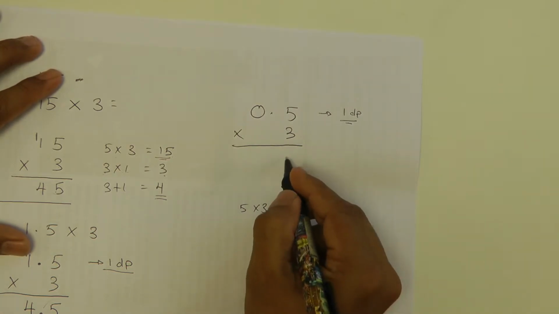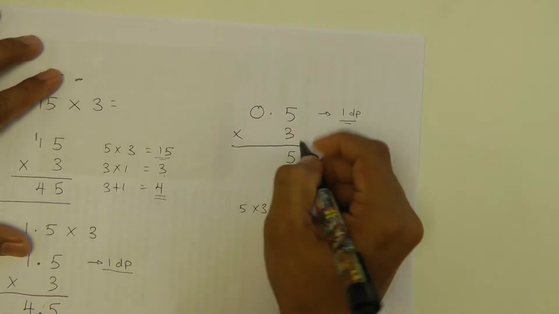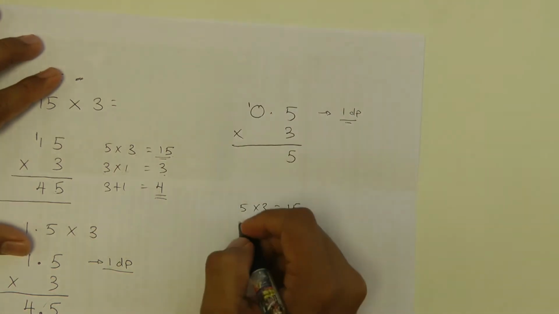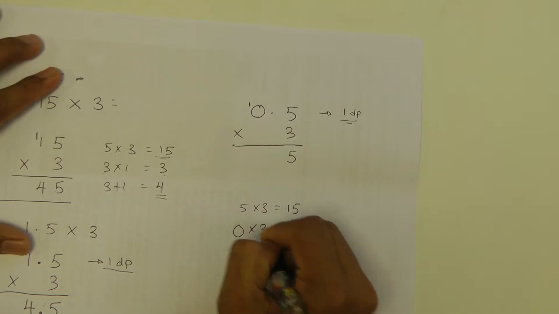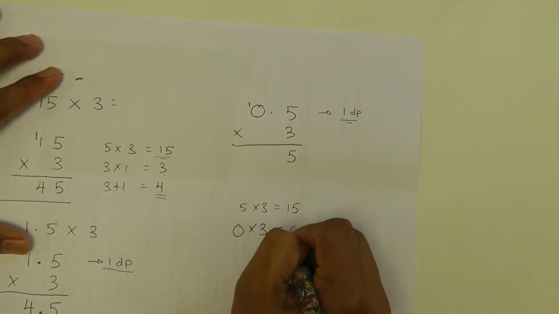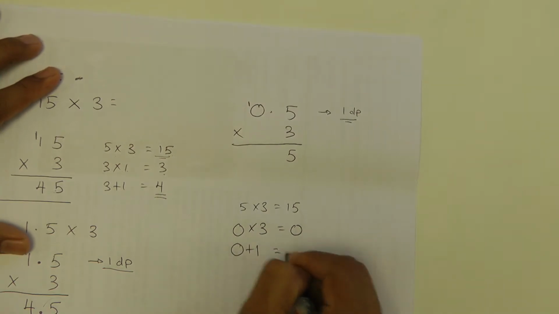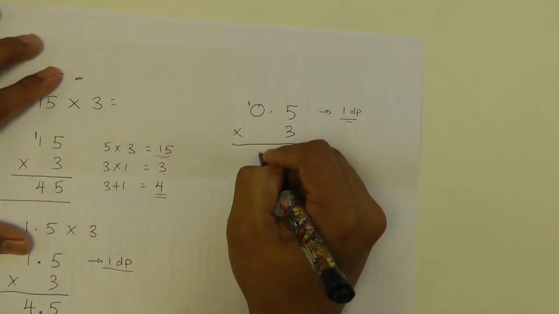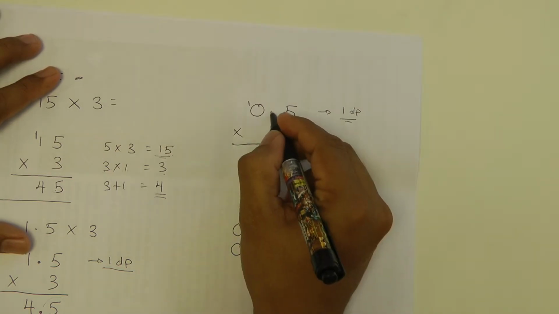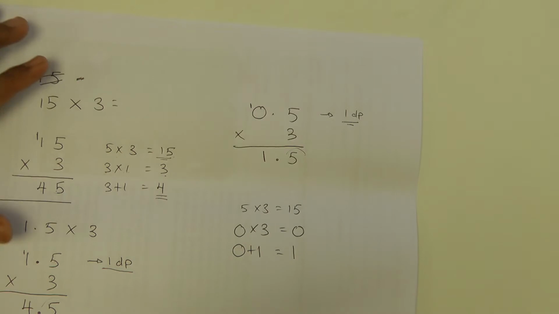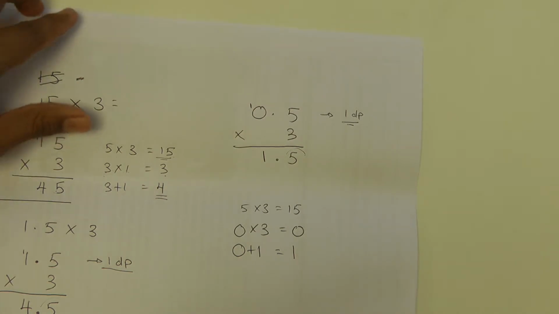I cannot write the 15 here, so I'll write it as 5 and I carry 1. Next I'll take 0 times 3. 0 times 3 is actually 0, and then I add 1, which is 1. So I put 1 here. Since there's only 1 decimal place, I jump 1 time. So the answer here is actually 1.5.